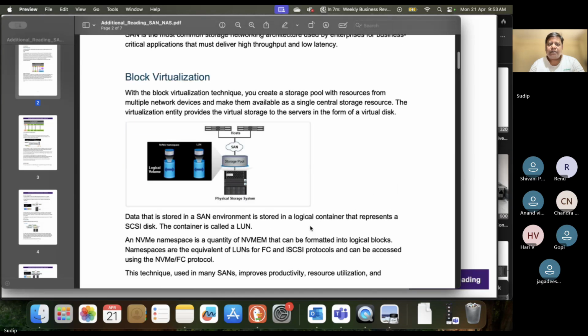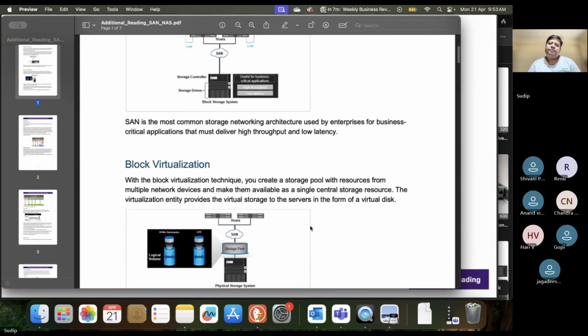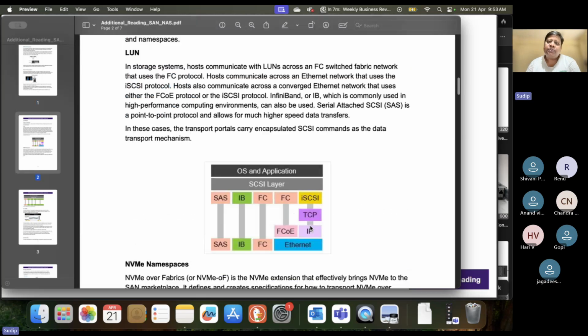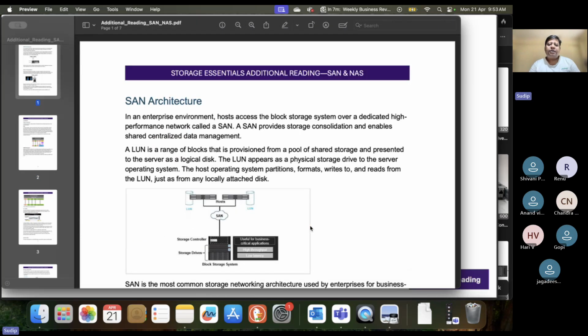So today's reading exercise or learning exercise will be for you to go through this material. While you're going through this material, if you do not understand any particular term, what I would request you to do is first look up that term on Wikipedia.